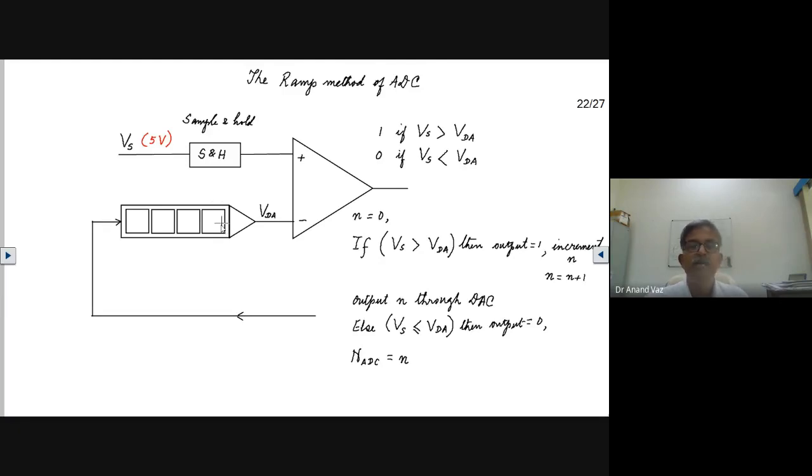Okay, that number is your analog to digital representation. It's the digital representation of your analog signal. So in this case, it will represent 5 volts.